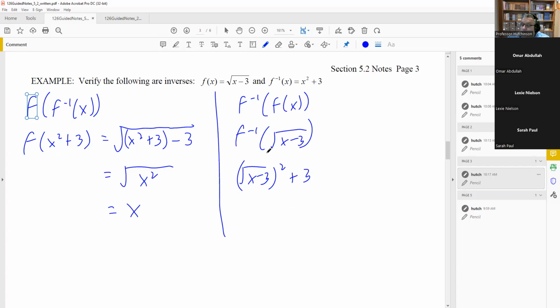The square and the square root are going to cancel themselves out. We get x minus 3 plus 3, and that's equal to x as well. So now we verified that both of these give us x when we do these compositions. So we verified those are inverses.